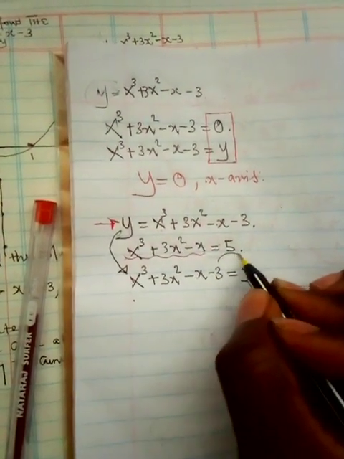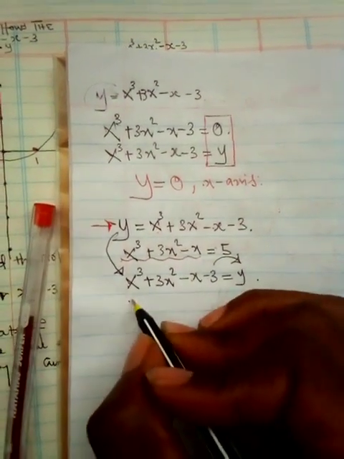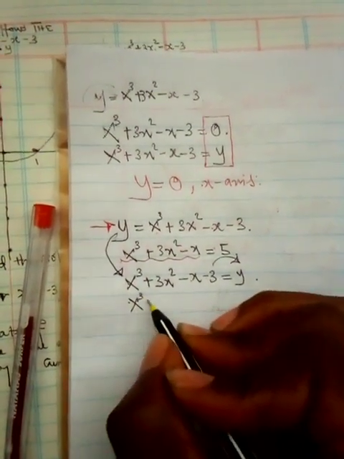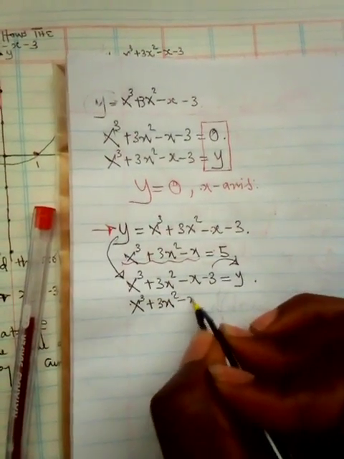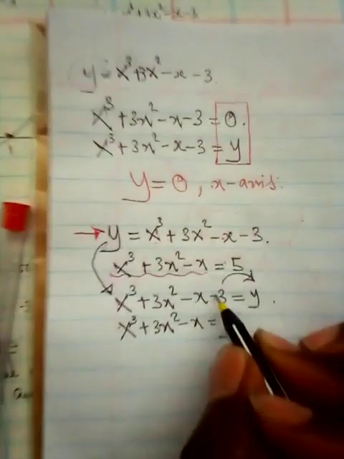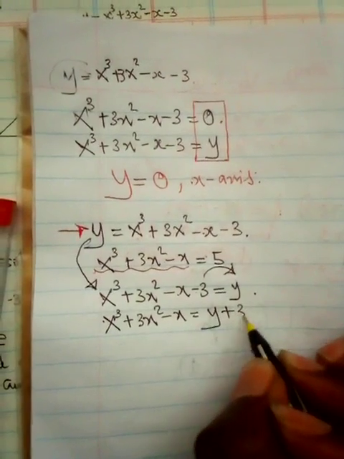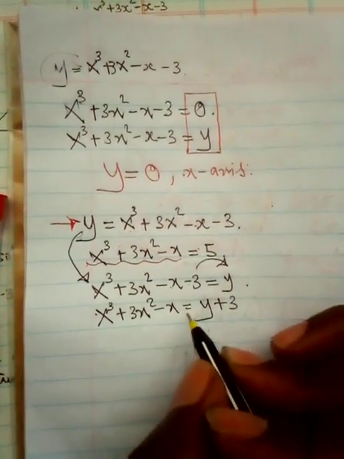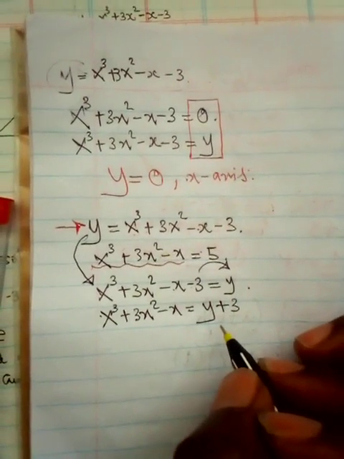So the -3 will be taken to that other side. Hence, what you're going to have will be x to the power 3 plus 3x squared minus x is equal to y. This is -3, so when it comes to this side, it's going to be +3. So this is going to be y plus 3 in that way.